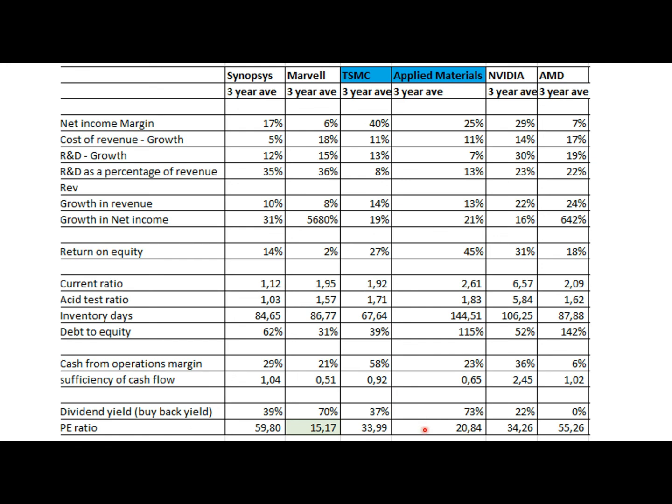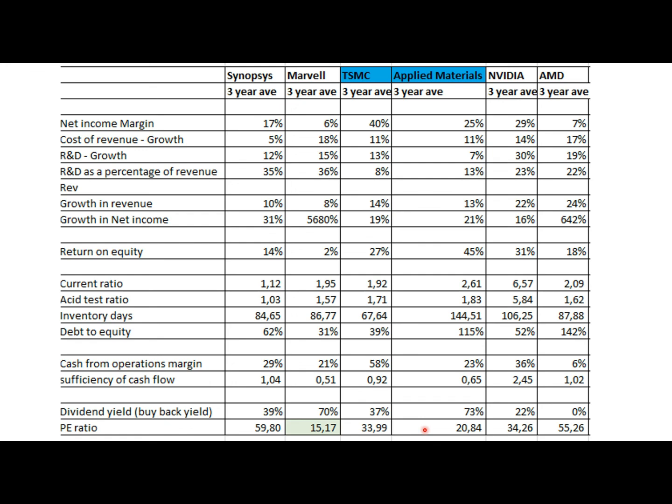I would just wait for a while before going into Applied Materials, just seeing the overall effect of the supply chain disruption. Should I feel like the supply chain is cleaning itself up, it's getting to pre-pandemic level, there is light at the end of the tunnel, then I would put some money in that.